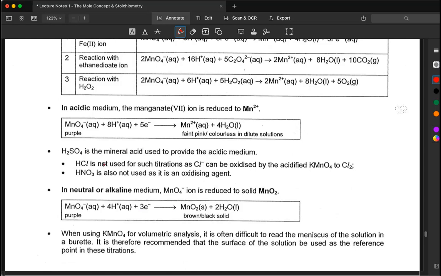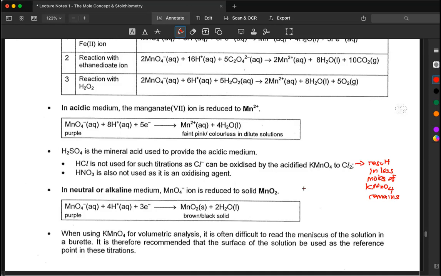You can't use HCl because the problem is the Cl minus can also be oxidized by KMnO4 to Cl2. So if that is used, it will result in fewer moles of KMnO4 remaining, because it reacted.